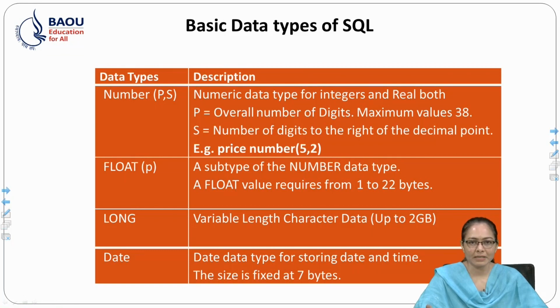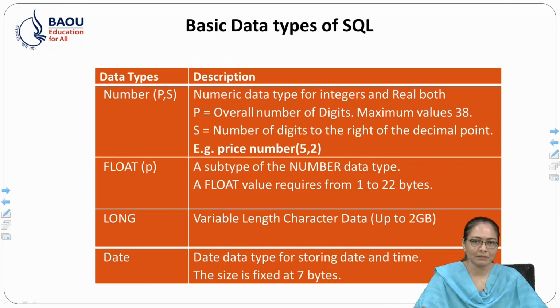Integer means without decimal point like 10, and real means with decimal point like 10.50. P is the overall number of digits, with a maximum value of 38. S is the number of digits to the right of the decimal point.